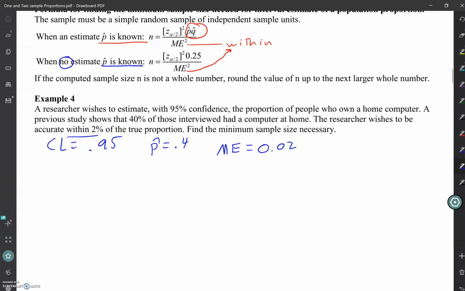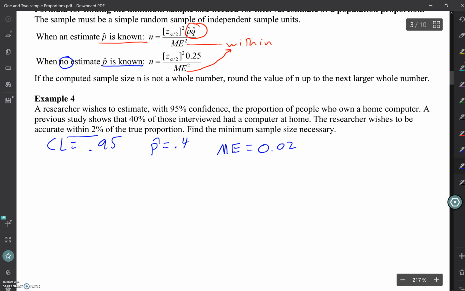Now, no matter what, I have to find the critical value. And since we know what p hat is, that means we're using that first formula. So let's figure out what our z alpha is. So what is alpha to begin with? 0.05. And we need alpha divided by 2.